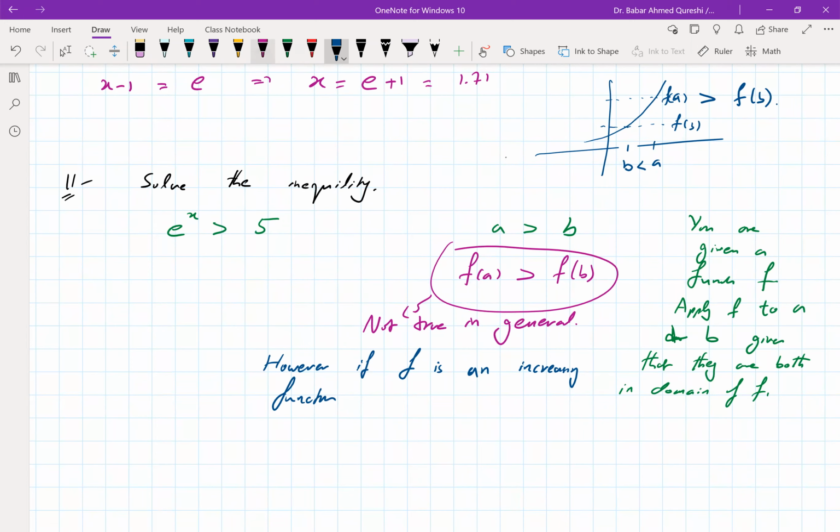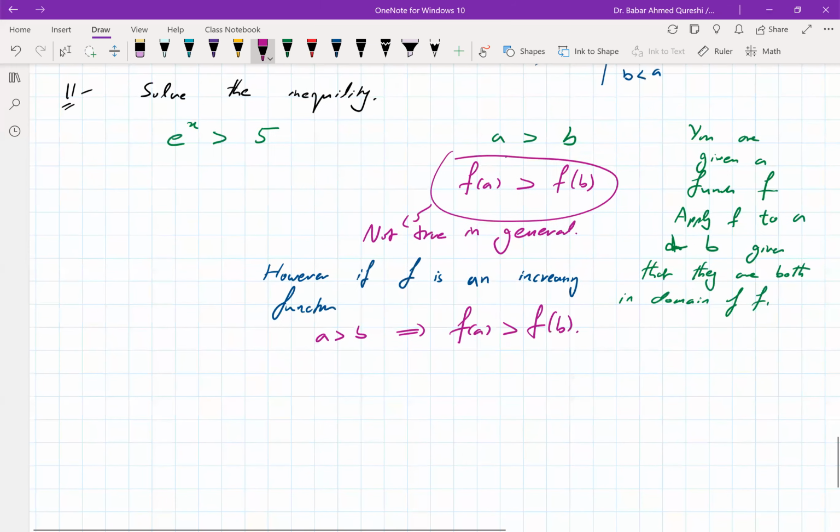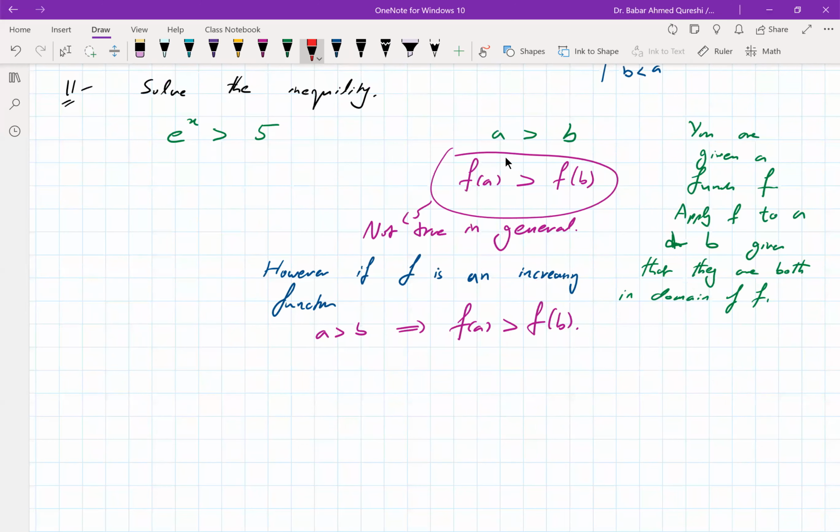In case of an increasing function, A bigger than B implies f of A is bigger than f of B. And you can very easily see, in case of decreasing functions, A greater than B will imply f of A is less than f of B.